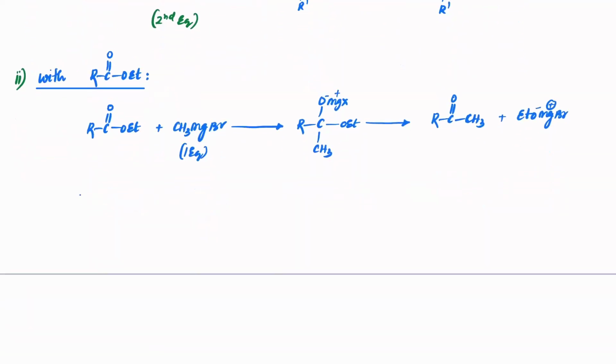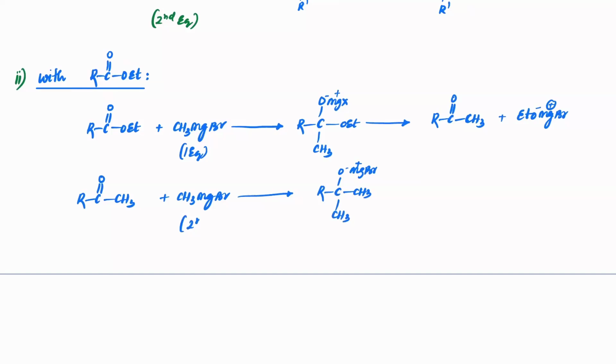Okay. And now the second equivalent, because if you have sufficient equivalents, the second reaction will also take place. And then you will end up getting this as RCO minus MgBr plus with CH3 and one more CH3.